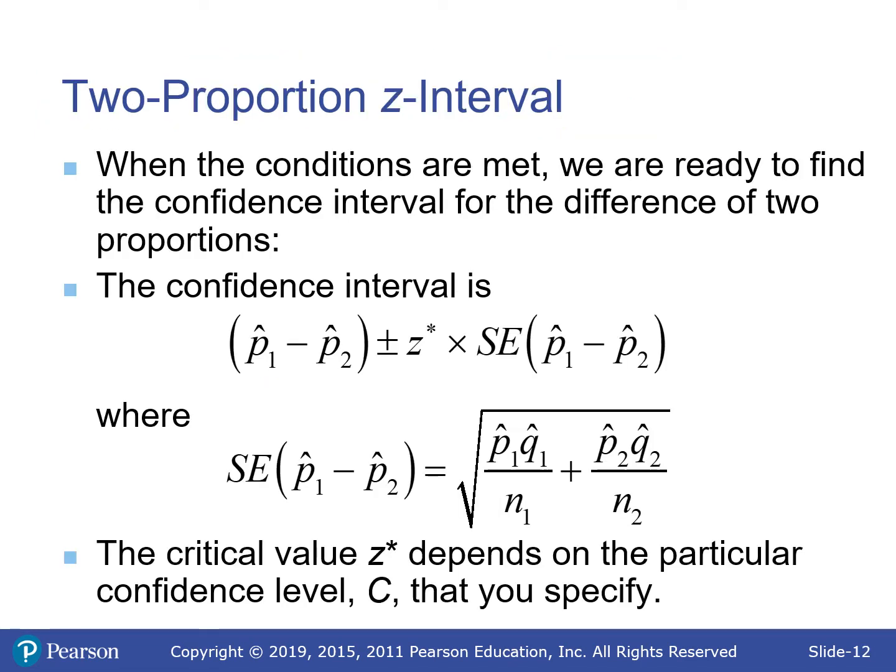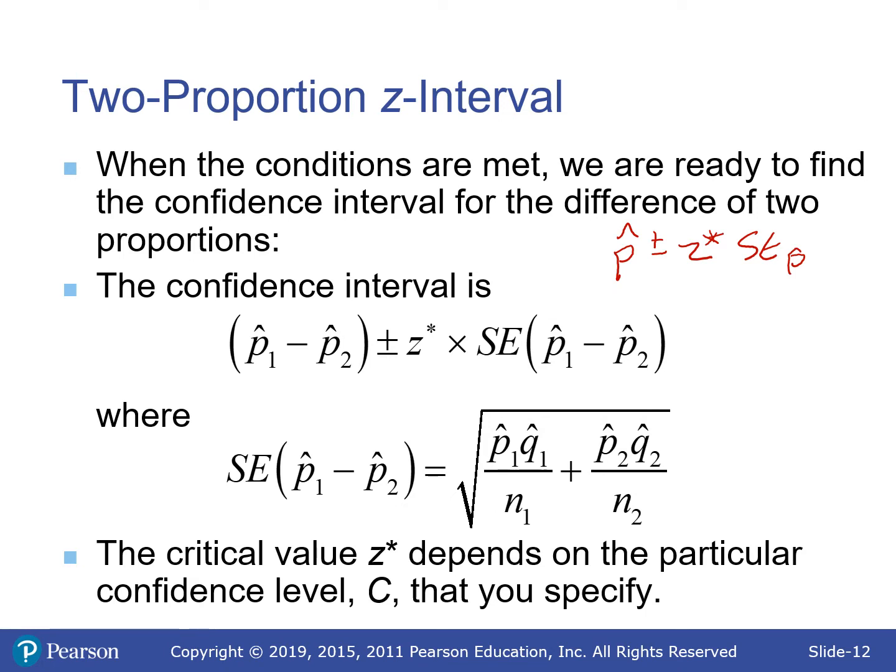And so to get our confidence interval, remember, our confidence interval was P hat plus or minus Z star times the standard error of P hat. Same thing.